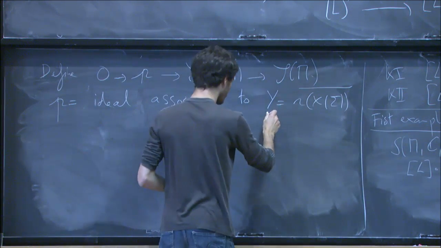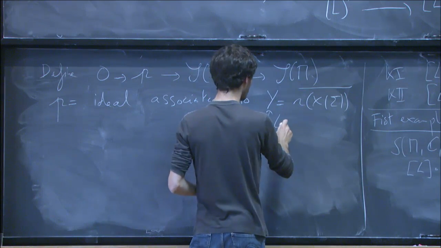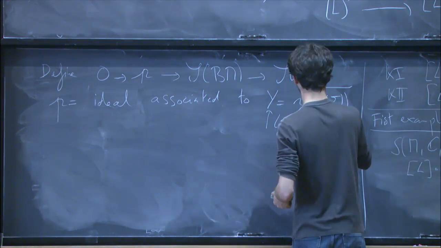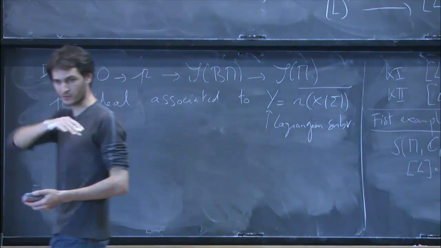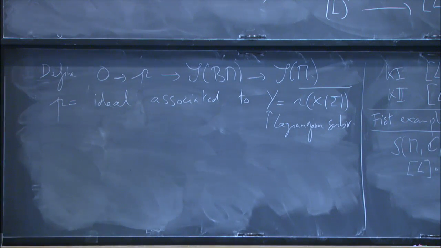And my point is that I would like to show that this is a Lagrangian subvariety, this Y, which is exactly the projection of the character variety of M inside the character variety of the surface.